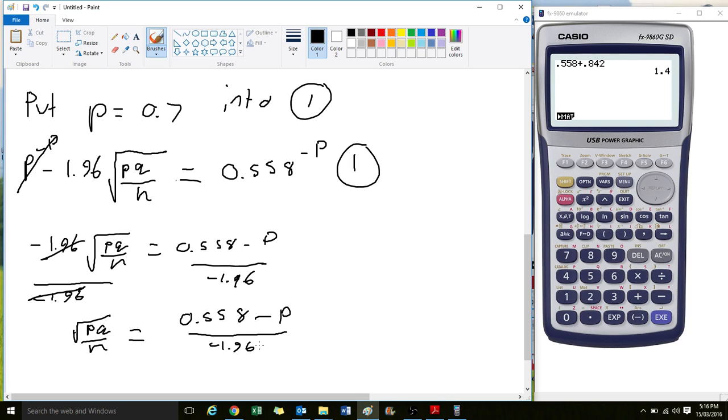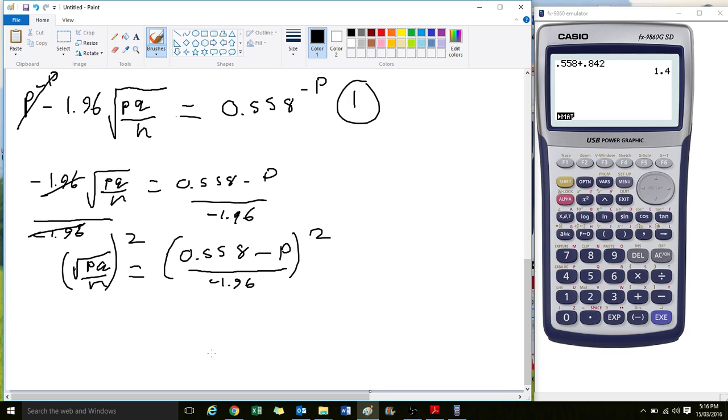We want to get rid of the square root, so the way we're going to do that is square both sides. This is all just algebra, and hopefully you're pretty familiar with these skills. So we have PQ on N is equal to (0.558 take P on minus 1.96) squared.